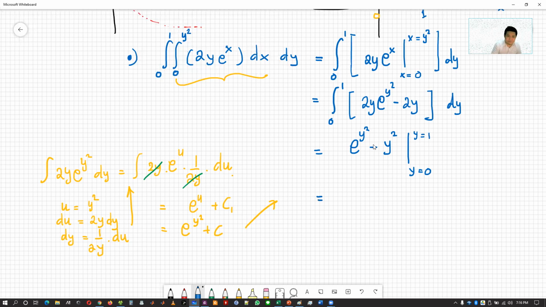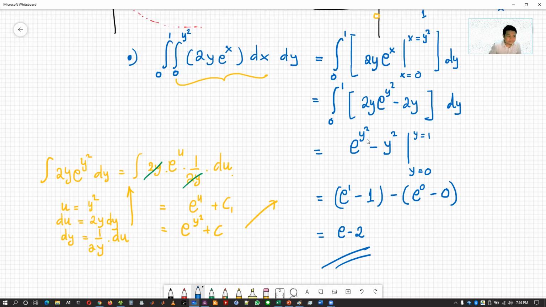So what do we have? I just put in e to the power of 1, which is e, and then minus e to the power of 0, which is actually 1. What do we have? e minus 2. That's it.